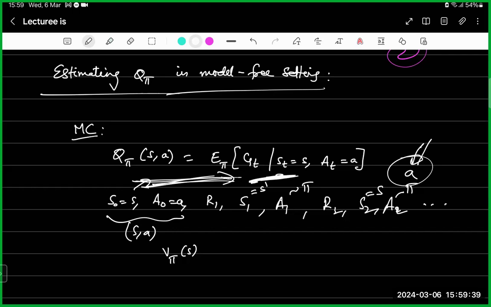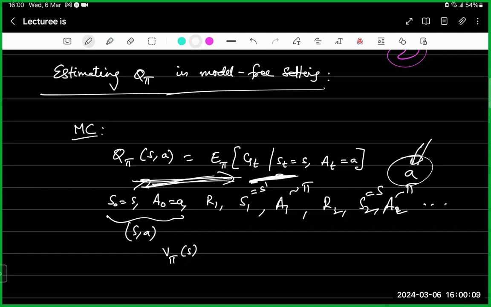If there are n states and k actions, you have n cross k pairs, like nk pairs. So for each s comma a pair, you have to have multiple samples, right? This is a practical issue which you will face. But if the state space and action size is small, you can technically do this.